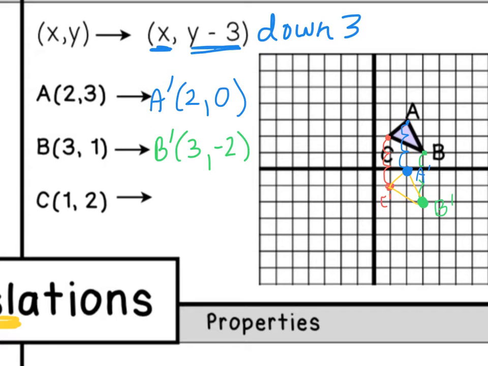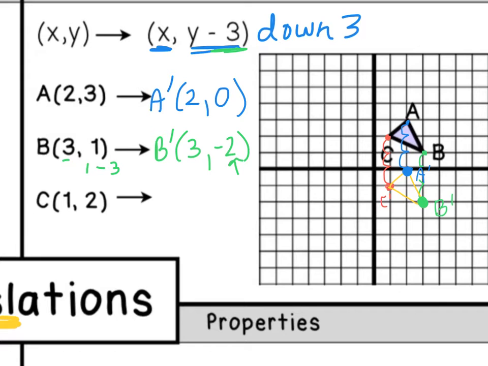Or mathematically what we did, we went down 3, so the x value stayed the same, and then we did 1 minus 3. Okay, we did 1 minus 3. 1 take away 3, and that's where we got this negative 2. Okay, so you can move it by the drawing too.